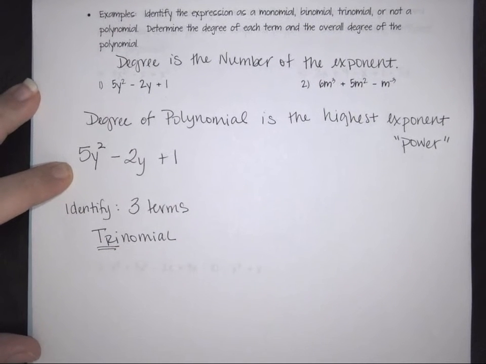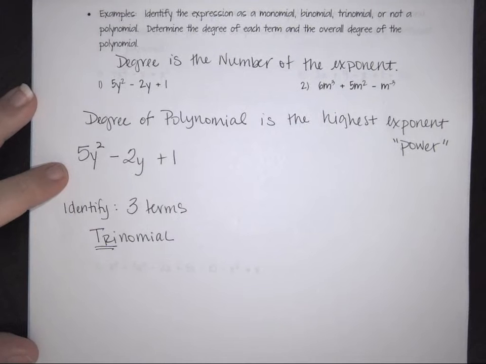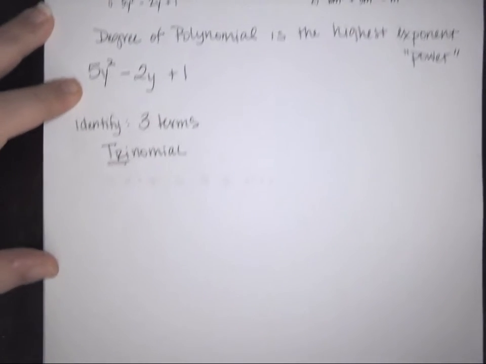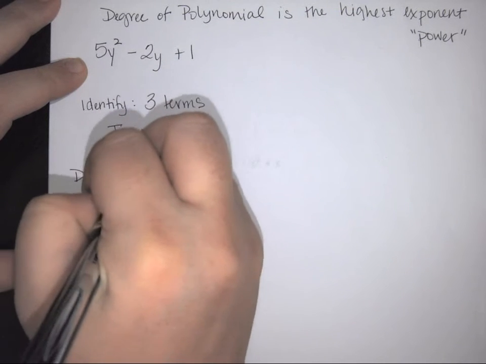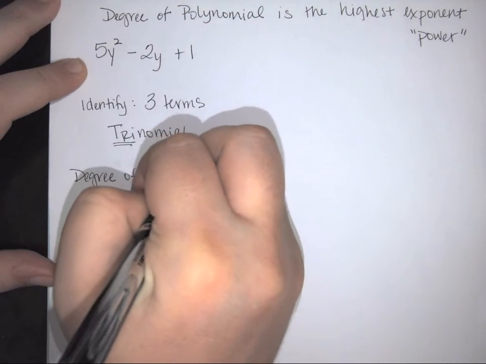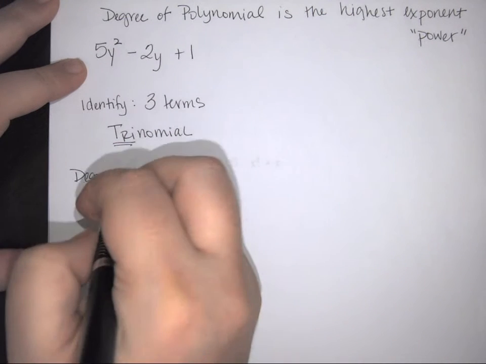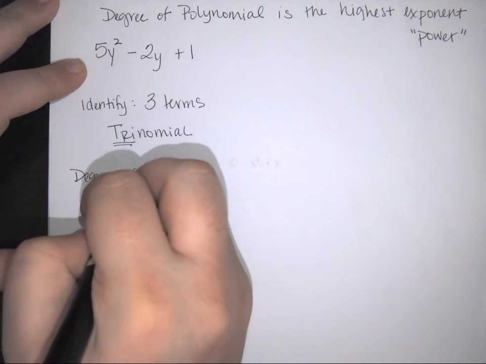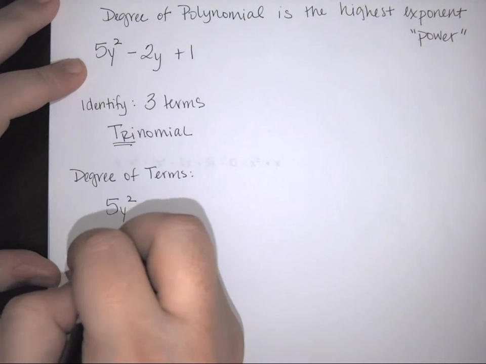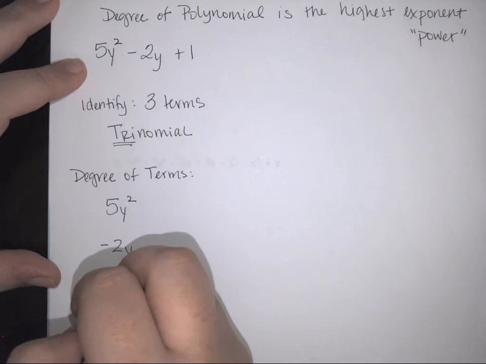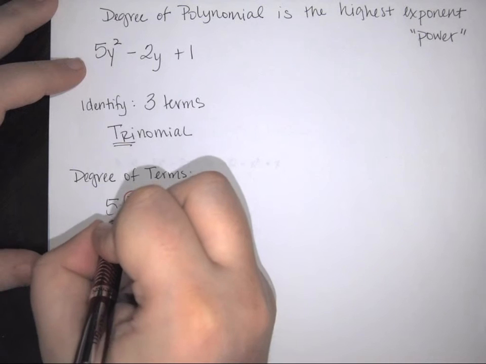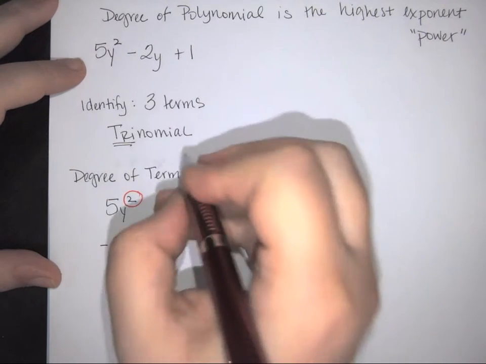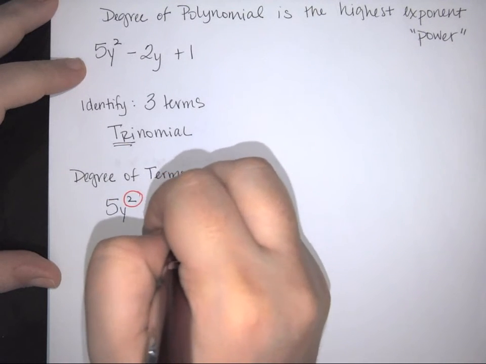Now we need to determine the degree of each term and then the overall degree of the polynomial. To find the degree of the terms, I want to look at all of them separately. So I have 5y squared, I have a negative 2y, and I have a 1. When I'm looking at the degree, I am looking purely at the power. So my first term has a degree of 2.